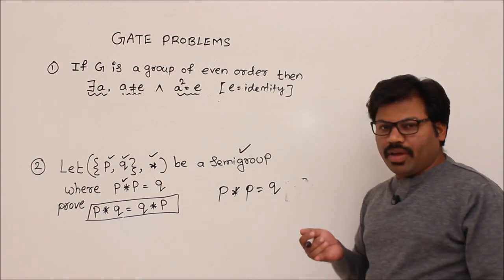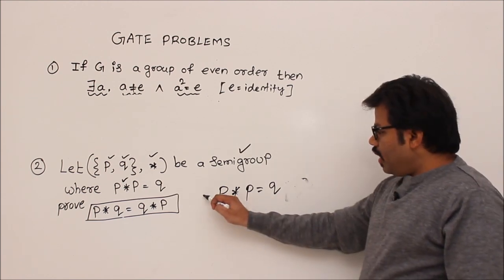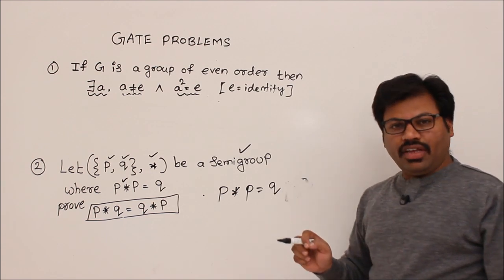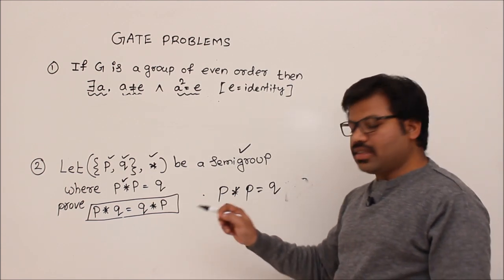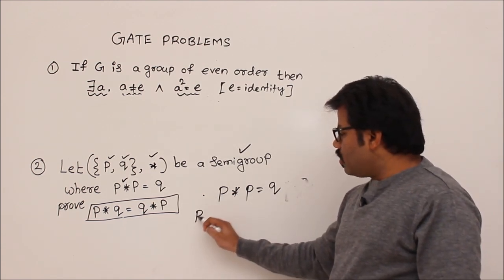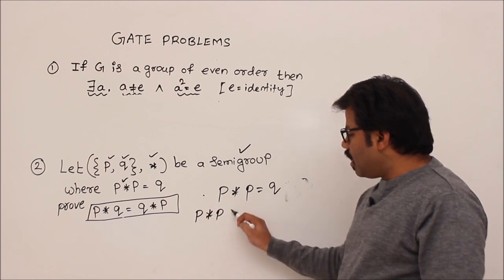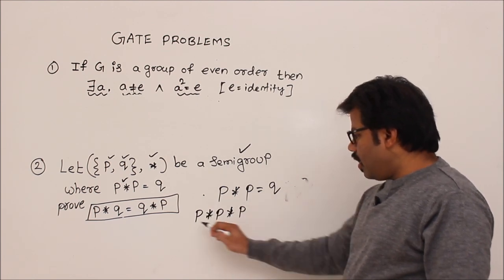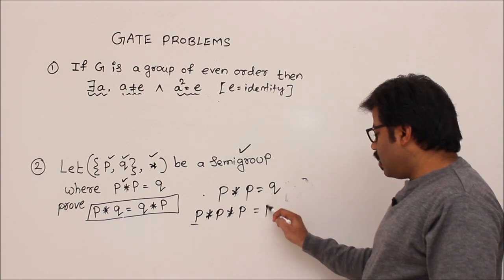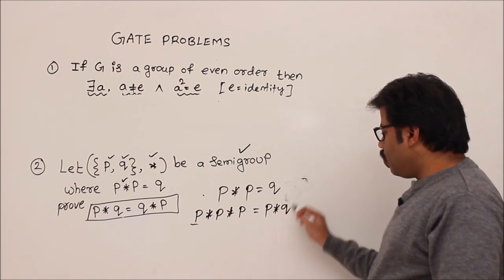Slowly what is coming to my mind is that if I apply P here or P here, it doesn't matter. Why? It is associative. Slowly let's connect the dots. What I do is I apply P star P first. On the left side I am applying P. Then what happens? It would become P star Q, right?